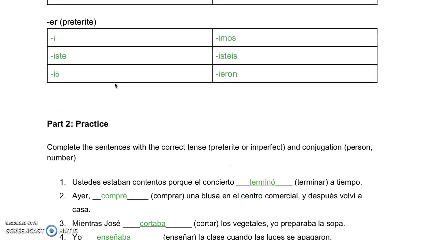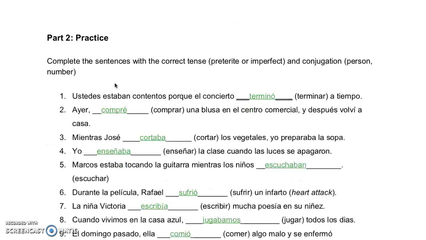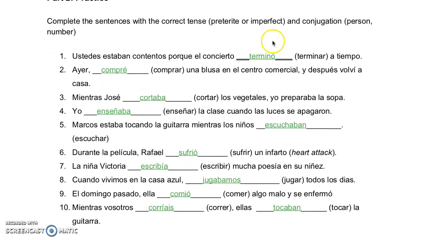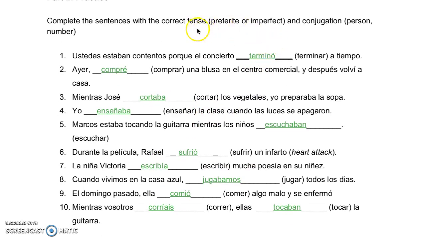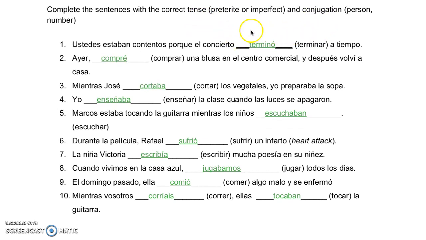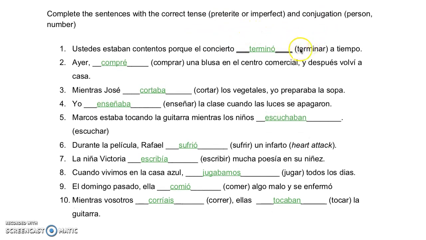And once they're finished, they move on to part 2, which is practice. So in this practice, they're going to determine what kind of tense goes in there and what kind of conjugation goes in there. They'll use their verb here, and they're going to decide not only if it's going to be the preterite or imperfect, they're going to choose the ending as well.